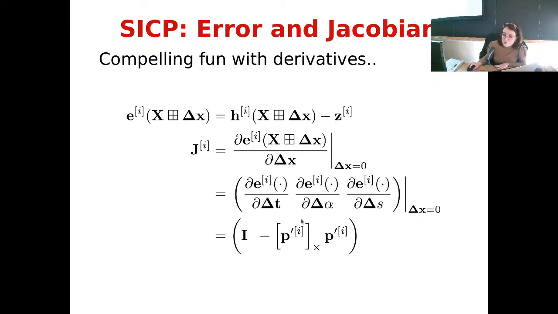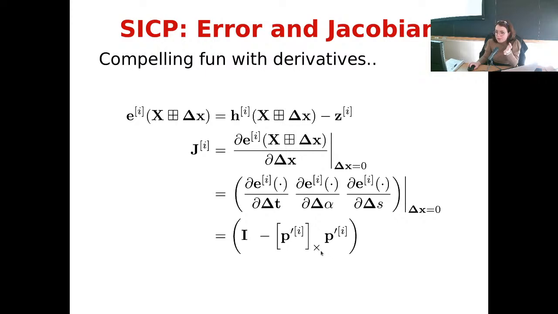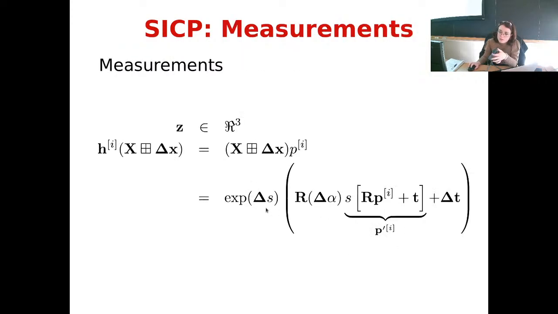The very same reasoning holds for the second block of this Jacobian matrix, which coincides with the one of the 3D ICP, because again, the key passage is that delta s should be computed in 0, and the exponent exp of 0 is 1.